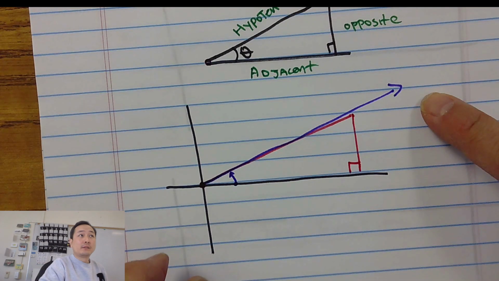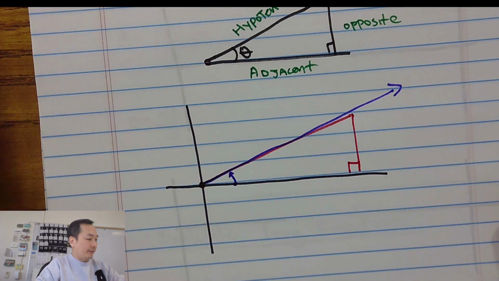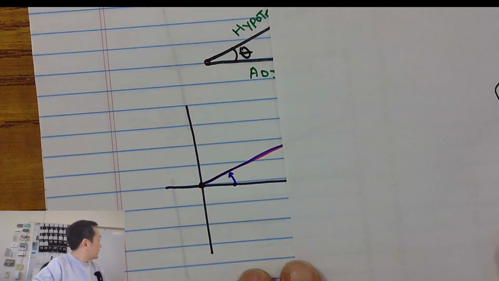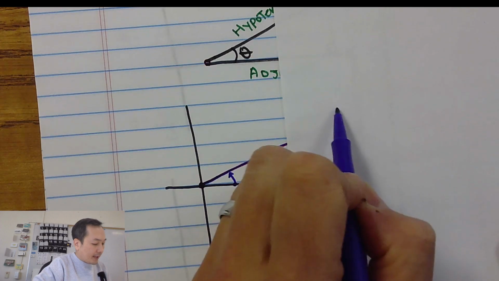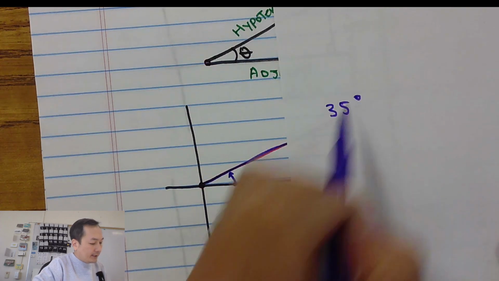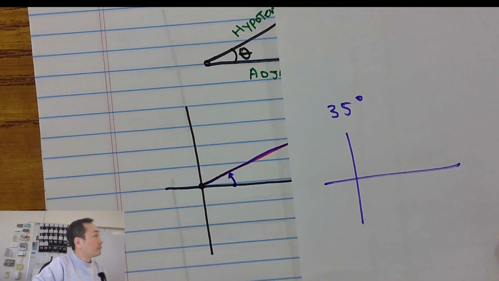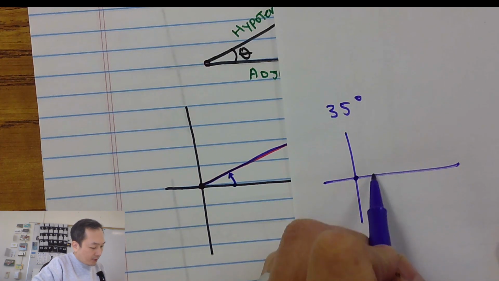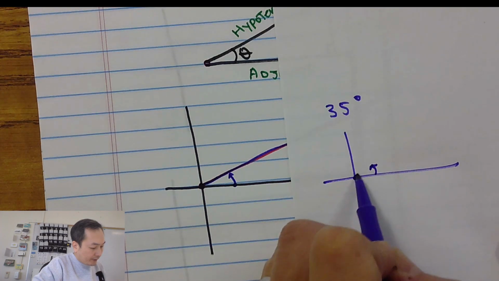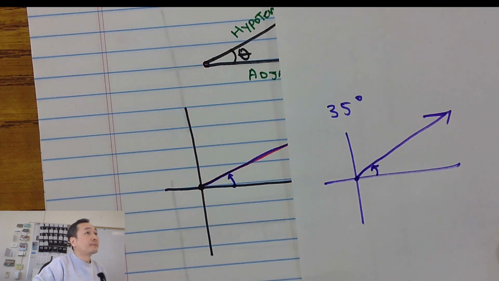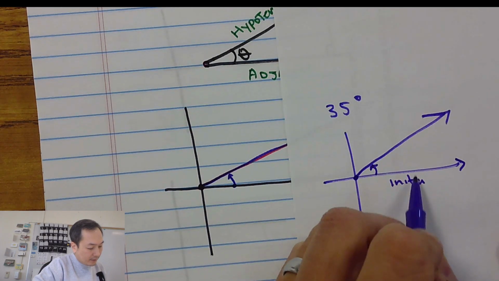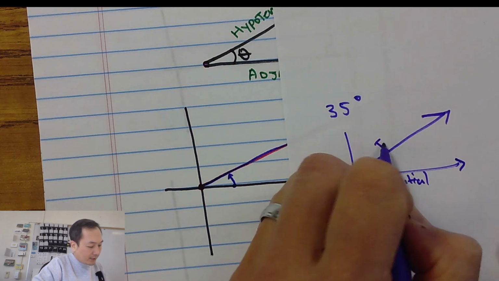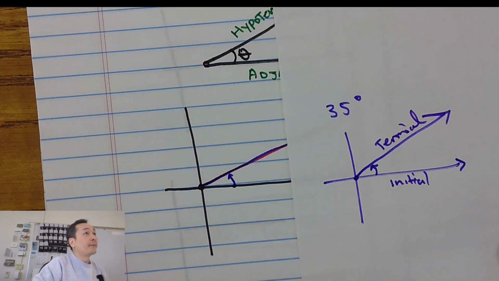For example, if I wanted to graph an angle of 35 degrees, we would make this my XY and then go positive 35 degrees, with this side being my initial side and this side being my terminal side. Yeah, that's what we went over.